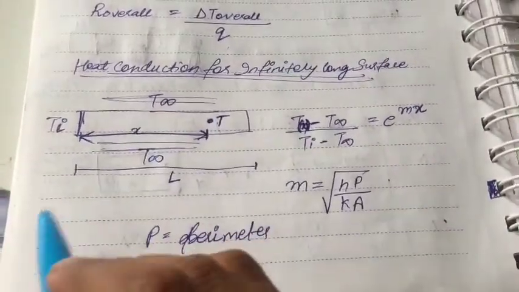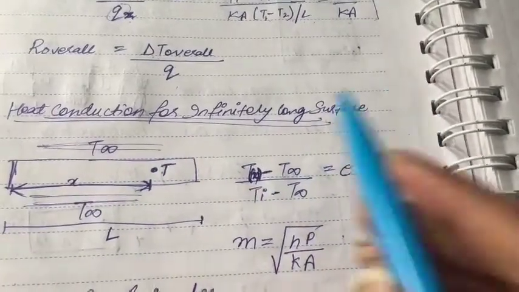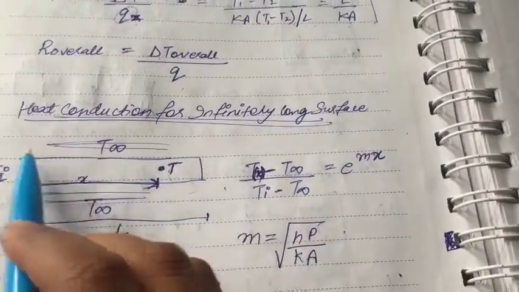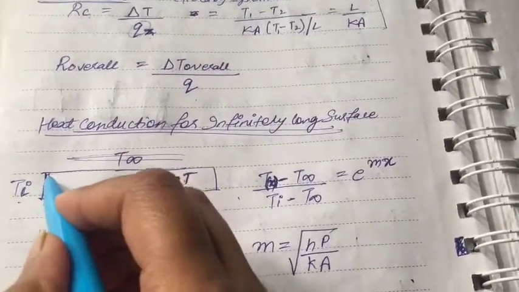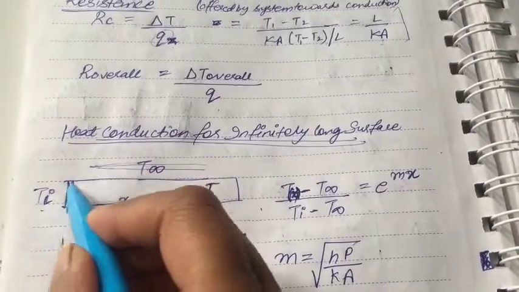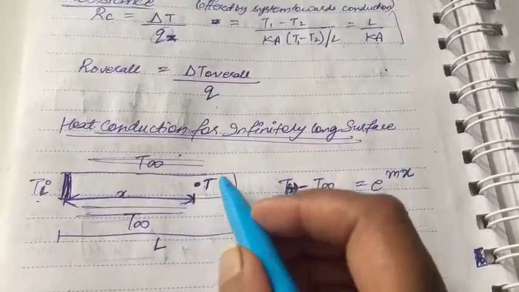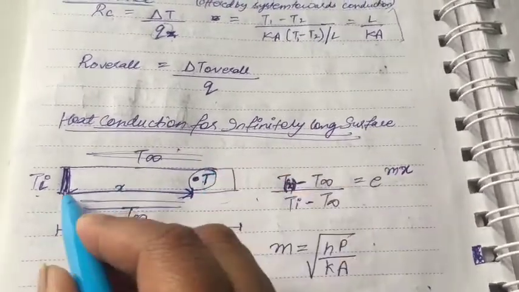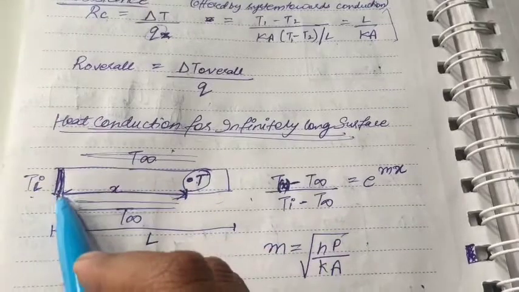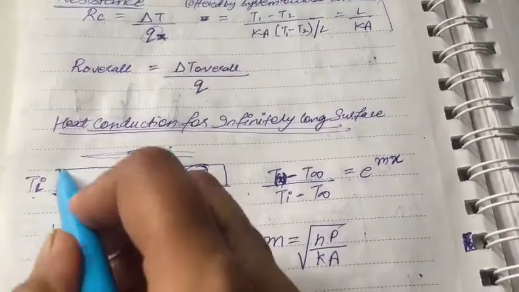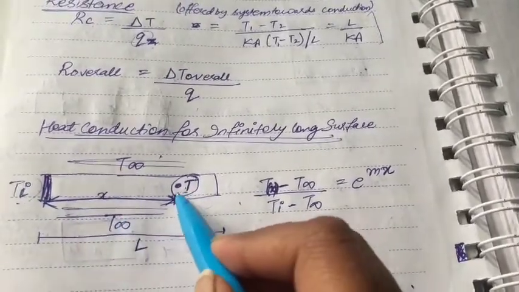Then this is a special case, heat conduction for an infinitely long surface. Like if we have an infinitely long surface, and Ti is the temperature at the starting point of the surface, and T infinity is outside temperature, and we have to calculate T at any distance x from the starting point.